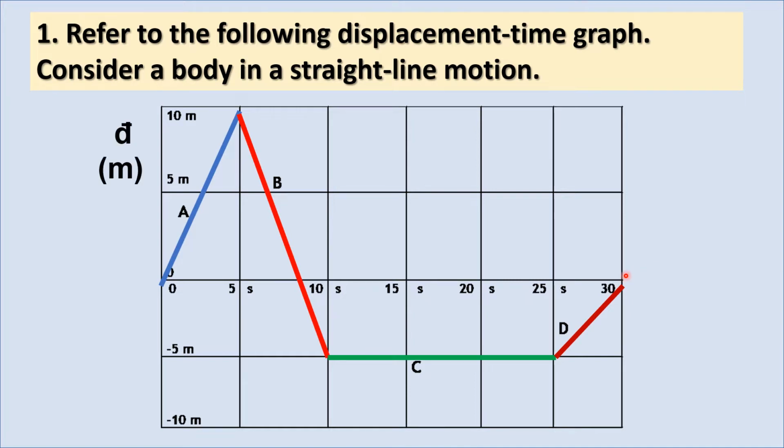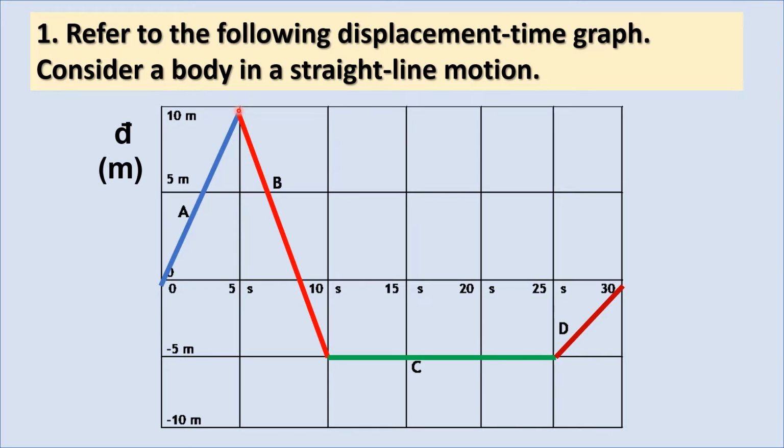Now, different segments of the graph are labeled here as segment A. Here it is, segment A, and segment B, segment C, as well as segment D. Okay, so specifically for segment A, the graph line starts at 0 time and at 0 position, and then it ends at the 10-meter position.